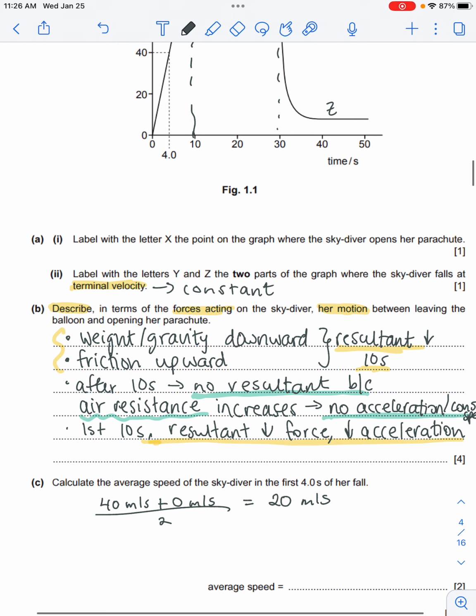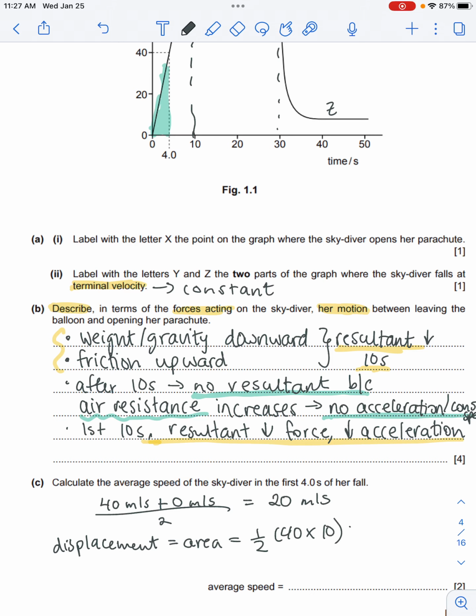Or I can just find the displacement, which is the area under the graph, this area right here. It's a triangle, so that is 1/2 height times width, which is 10 seconds, which still lands me at 200 meters. Wrong unit, because this is displacement, just meters.